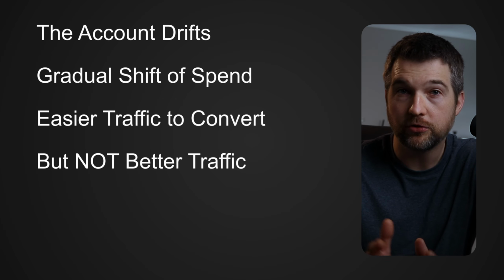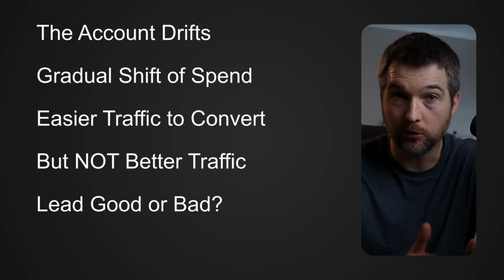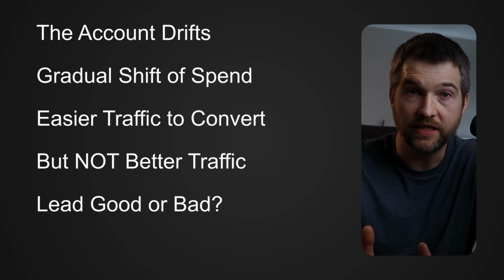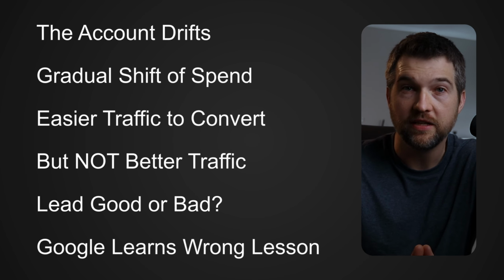And when your conversion tracking can't tell the difference between a great lead and a junk lead, Google learns the wrong lessons. It'll see a conversion come in and say, more of those please, and it starts to double down on whatever produced it, even if that conversion was someone who is just never going to become a customer. So this isn't an ad problem. This is actually a signal problem.